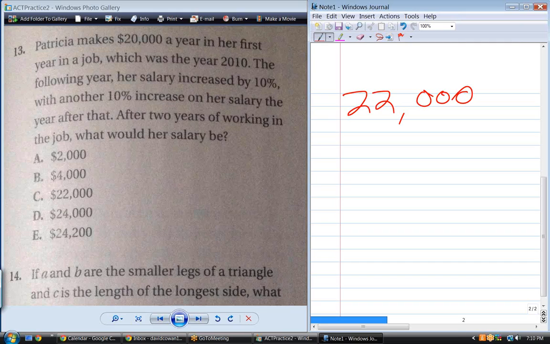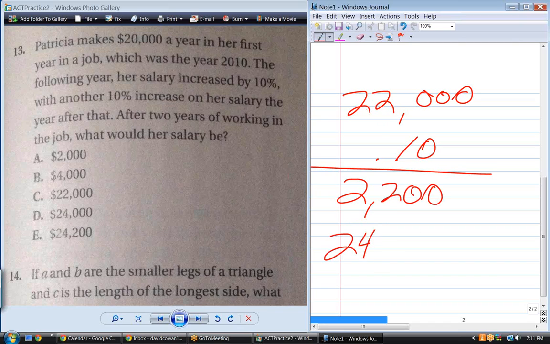You're making 24,000. Nope. What's 10% of 22,000? 2,200. That's what you have to add to this number, which gives you 24,200. See, it's compounding.